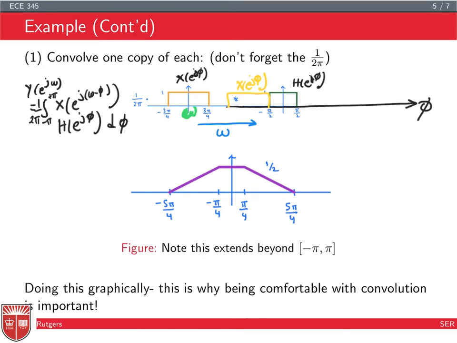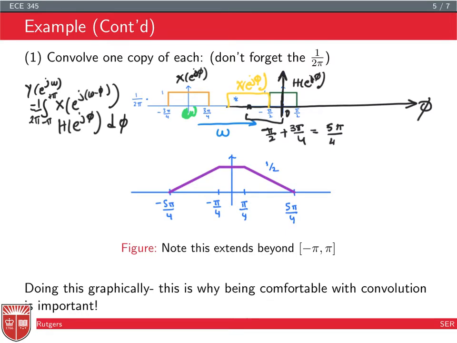Now, for what value of omega are you going to get these two signals touching? This value here is pi over 2 plus 3 pi over 4. This is when they first start touching each other, and this is equal to 5 pi over 4, or negative 5 pi over 4, because we are in the negative part of the axis, where this is the 0 here.